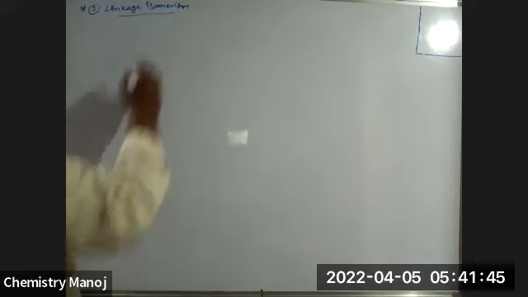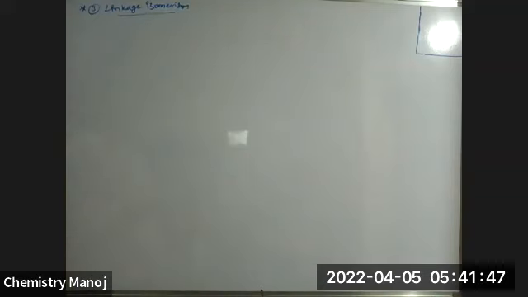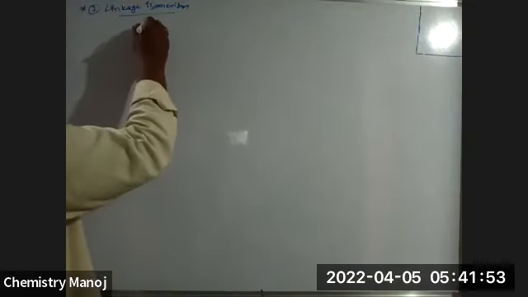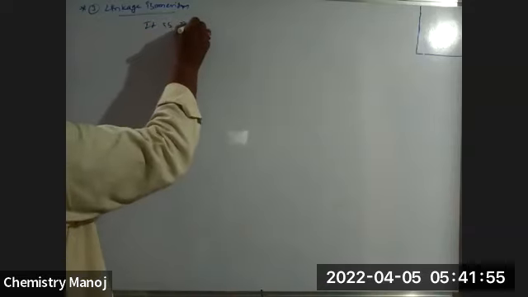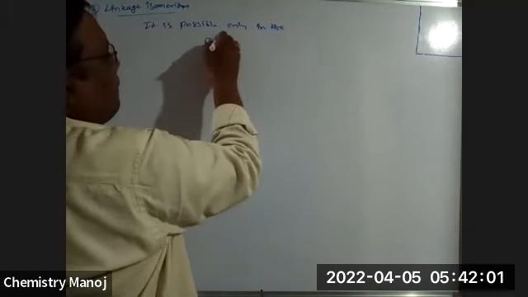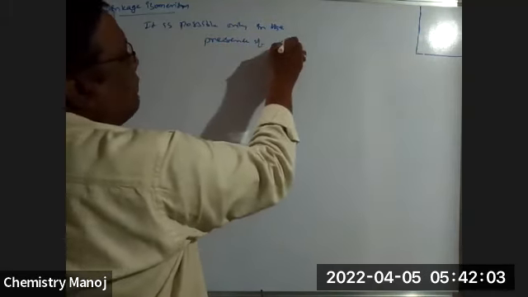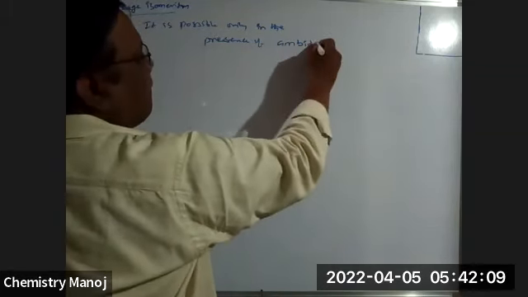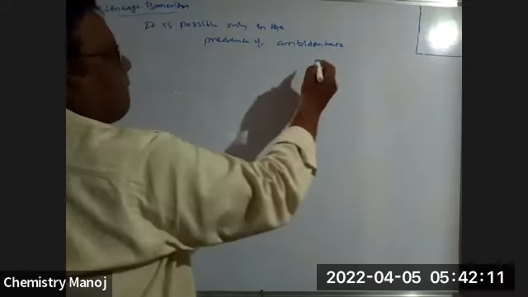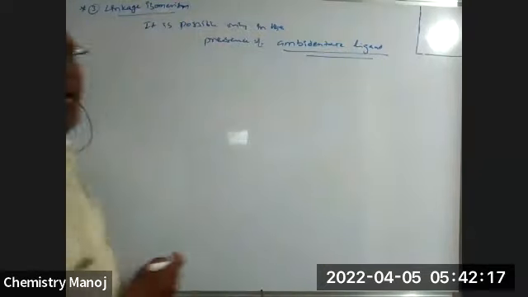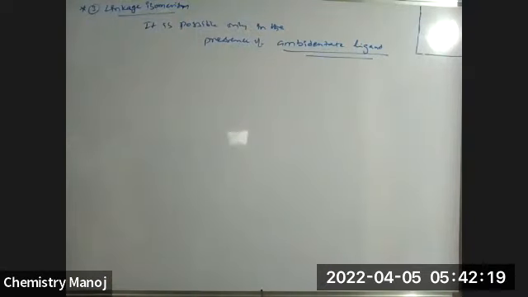What is this linkage isomerism? My dear, when this isomerism is possible, it is possible only in the presence of ambidentate ligands. It is important, my dear. At least one ambidentate ligand exists in your complex, then only linkage isomerism is possible.